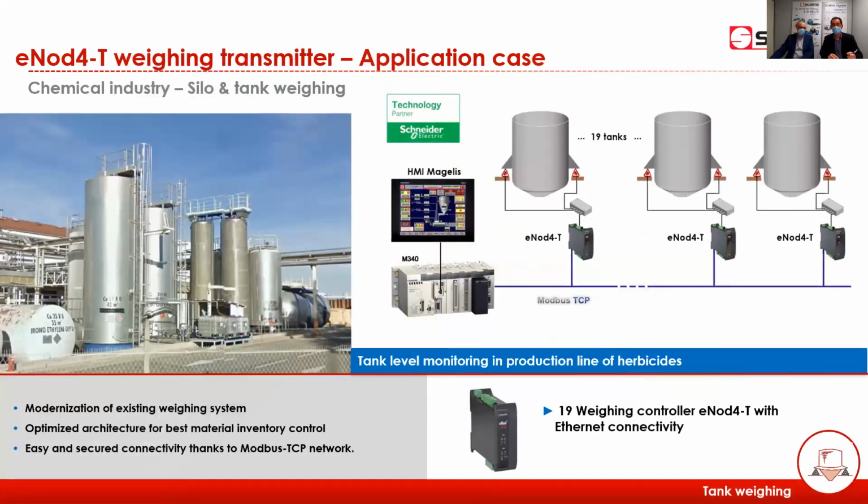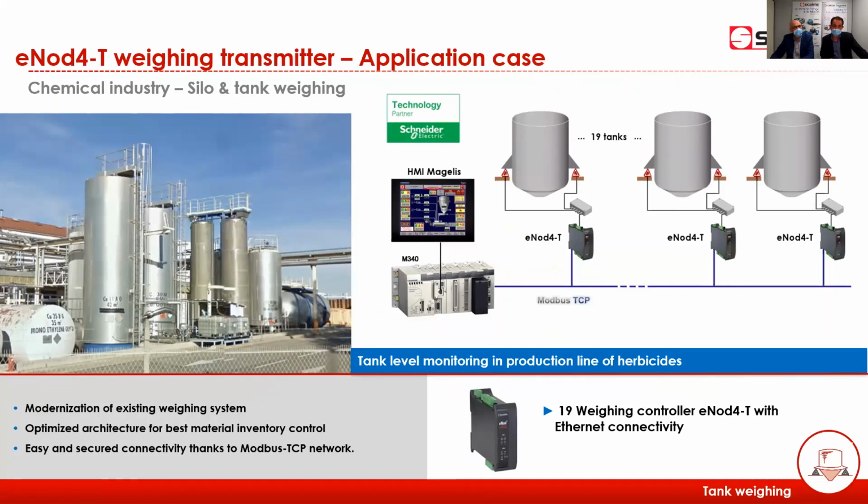Just one application case related to the eNod4T, a silo weighing application. We were asked to propose a solution for the modernization of existing weighing systems. This was in a chemical industry producing herbicides.